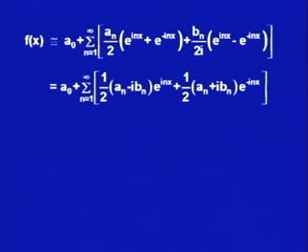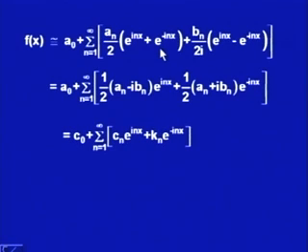That is, I have collected the coefficients of e to the power i n x and e to the power minus i n x. Rewrite it as C naught plus summation n running from 1 to infinity C n e to the power i n x plus k n e to the power minus i n x.